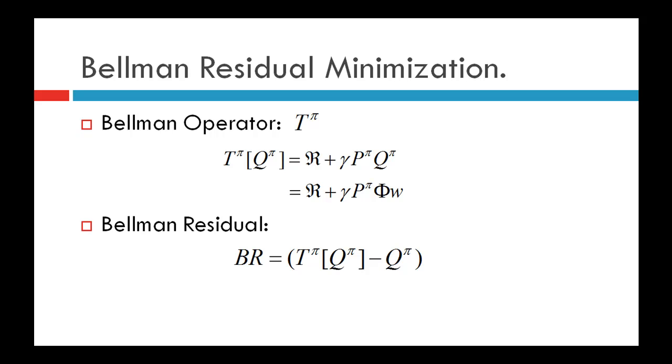So the difference between Q pi and the one-step transition, the Bellman operator applied to the value function Q pi, is known as the Bellman residual.